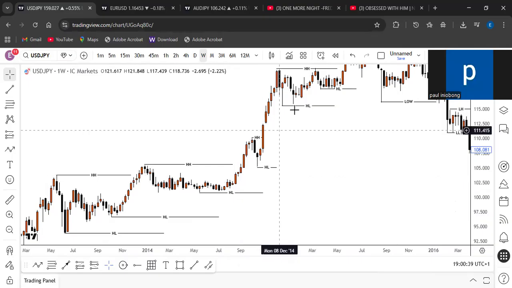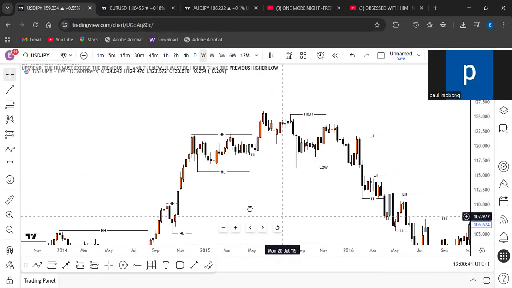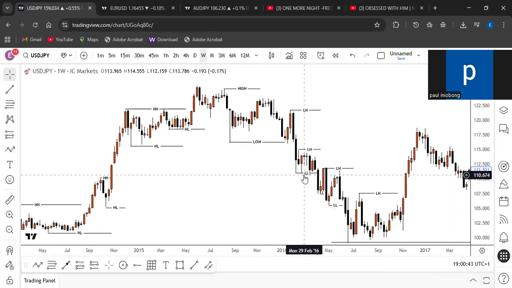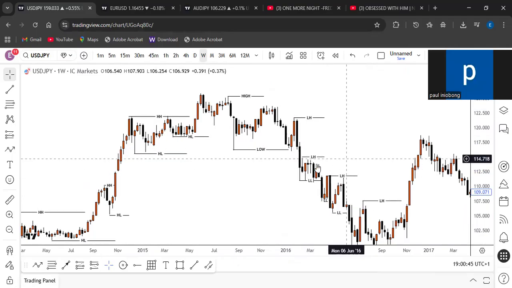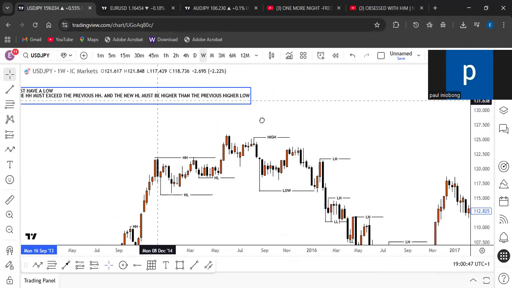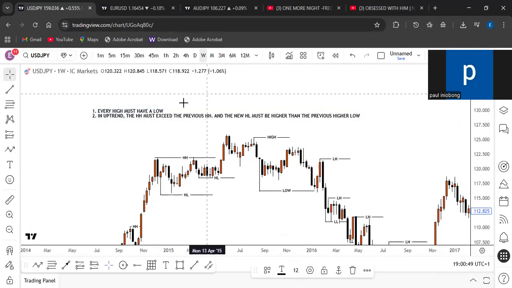You understand? Yes, sir. Likewise, in a downtrend, the new low must be lower than the previous, and the new high must be lower than the previous. So let me add it here.